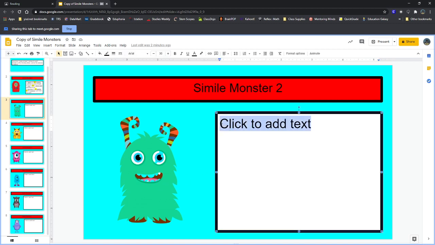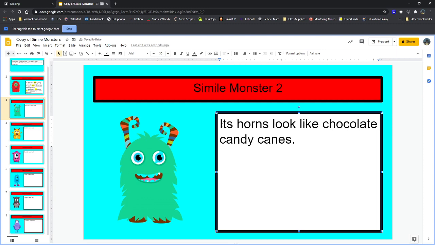We can put, let's see, its horns look like... I think candy canes, usually they have that red and white color, but I don't know if you've ever seen them. They have some that are chocolate flavored. And those remind me of this, because it's a brown color. So we can put, its horns look like chocolate candy canes. That's a really good example of a simile there, because you're right, they kind of have that same shape to them, right? Like that hook at the top.